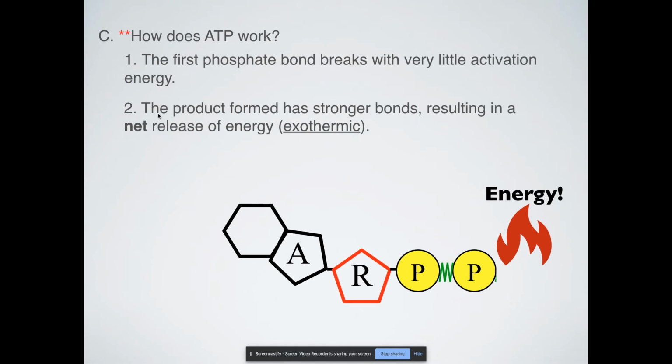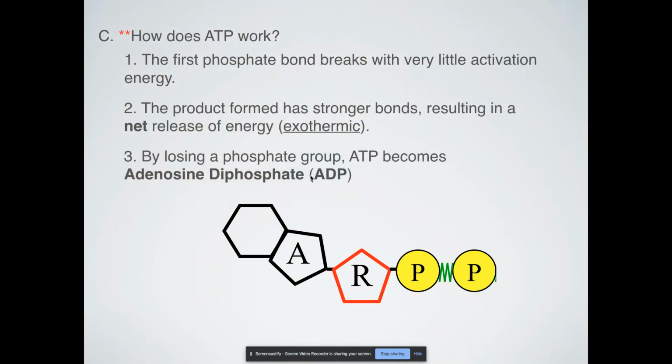And the reason why this happens is the product that is formed has stronger bonds than having that third phosphate there, which results in a net loss of energy, meaning that it is an exothermic process, meaning energy is being released as a result of that. Now, by losing a phosphate group, this resulting molecule is what we call ADP, adenosine diphosphate, di meaning two. So please label this and draw that.